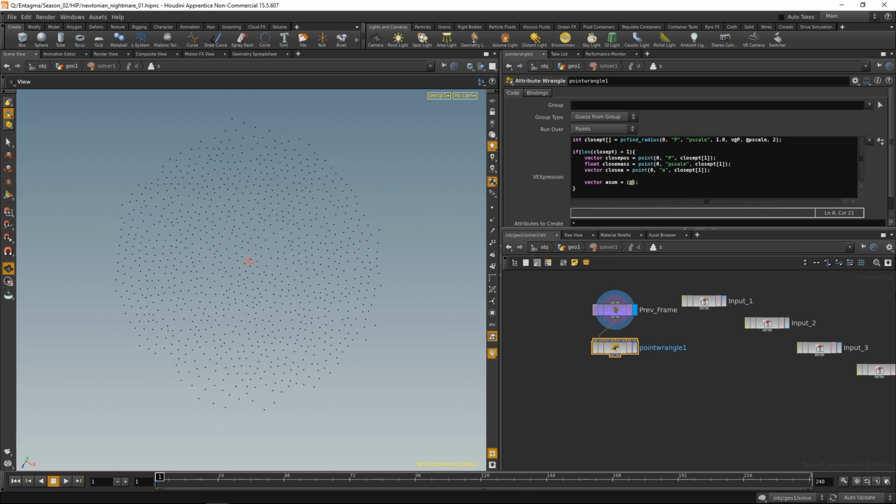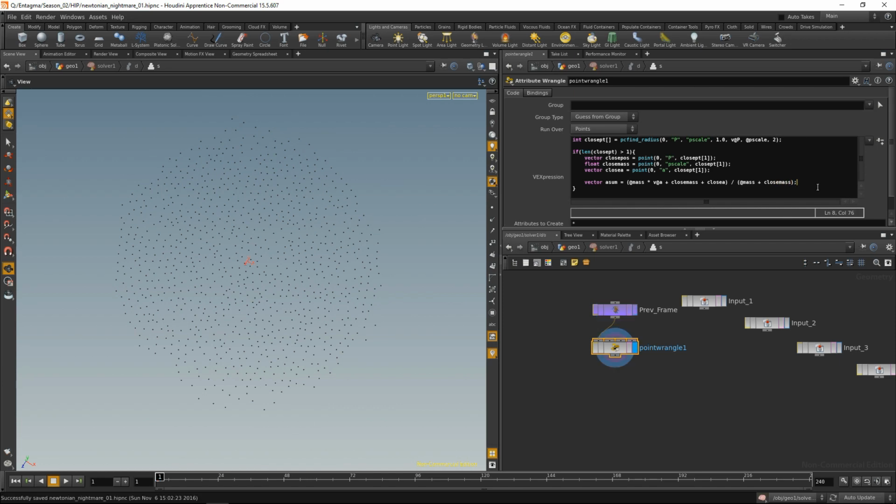And it's going to be our current particle's mass times the acceleration, plus our colliding particle's mass times our colliding particle's acceleration. And we will divide this by the sum of both particles' mass. Okay, that seems to run.